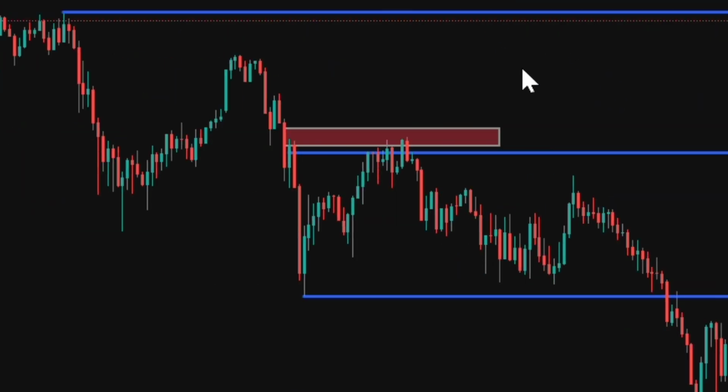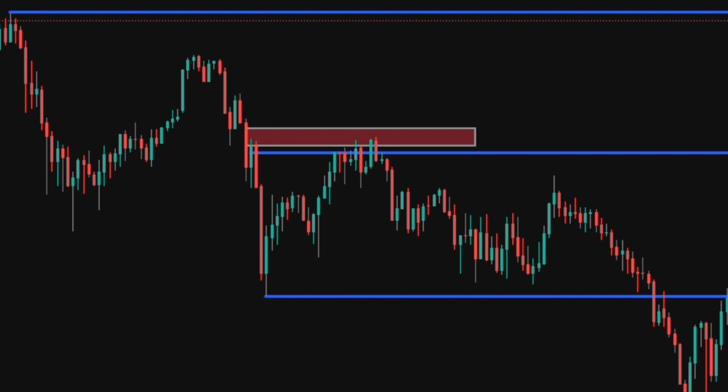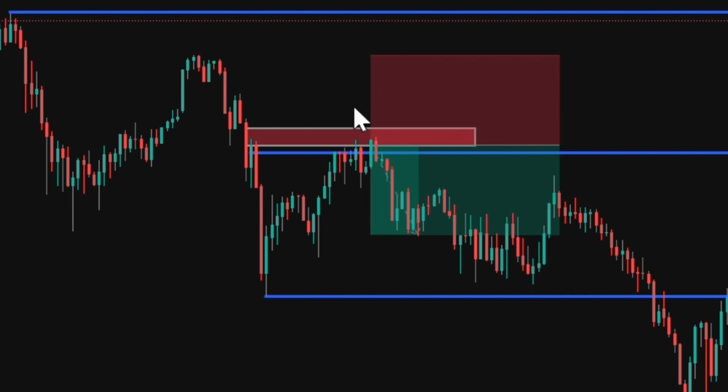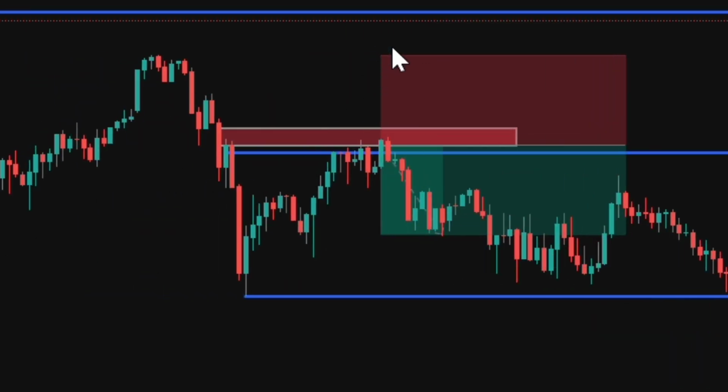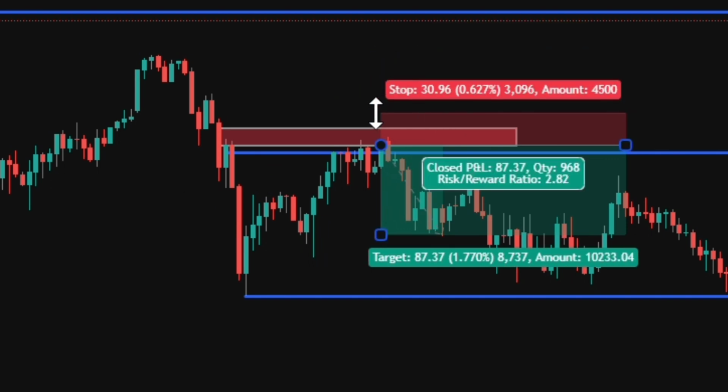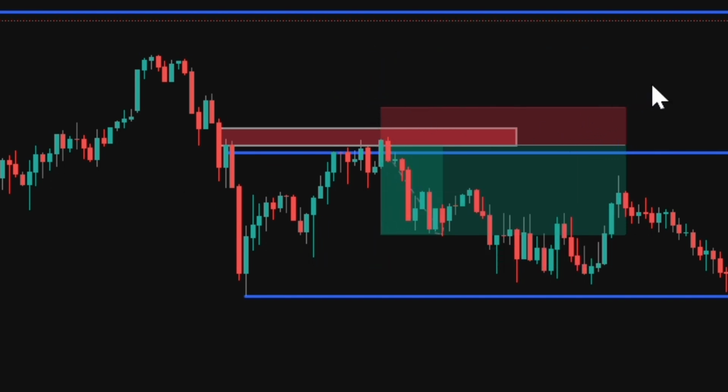So what do we do? When price reaches this level, we take our short position around there, and stop loss should be above this high, this candle. But where we really put our take profit, that's where Fibonacci retracement comes in.